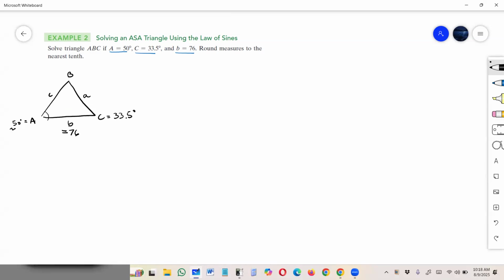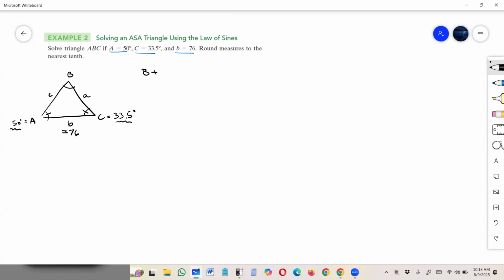And we do not have a ratio. So remember in the previous case, we were given a situation where we had a full ratio. Here we do not. But that's okay because we are given two angles, and the very first thing that we're going to do is find B again. Right?